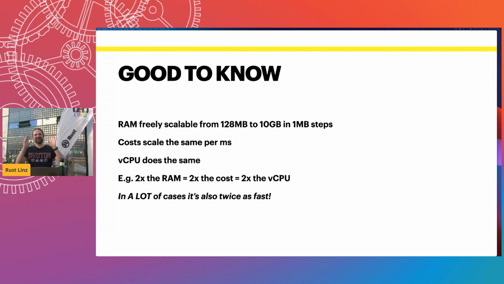So if you don't have any workloads that need a particular amount of RAM and can work with a low amount of RAM, what happens is that if you get twice the amount of RAM, you get twice the amount of CPU, it costs twice as much, but it's also twice as fast, which means it levels out to the same amount. If speed is a problem with the application and not RAM, just go for the full gigabyte or 10 gigabytes or whatever, it doesn't matter.